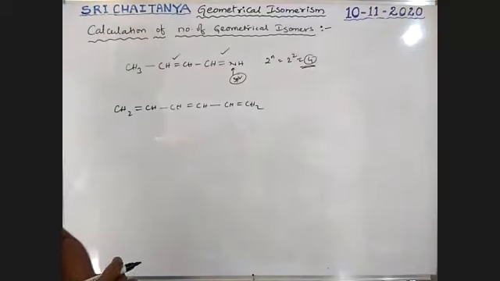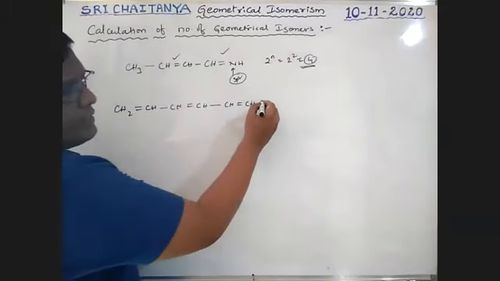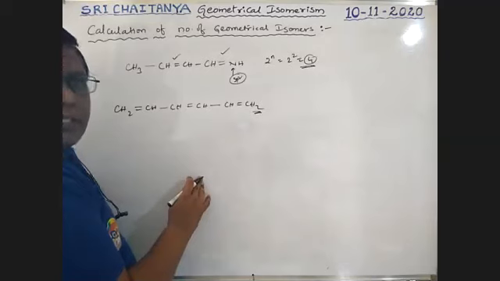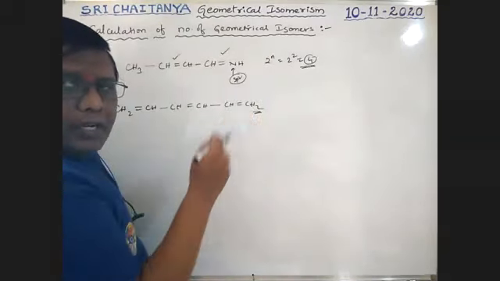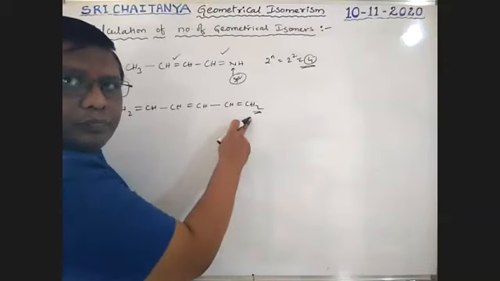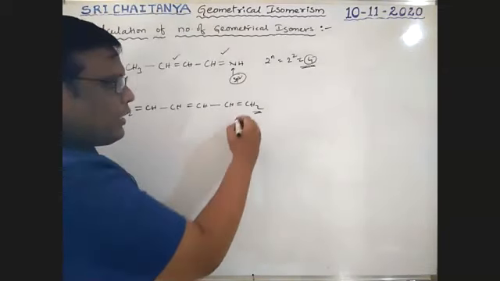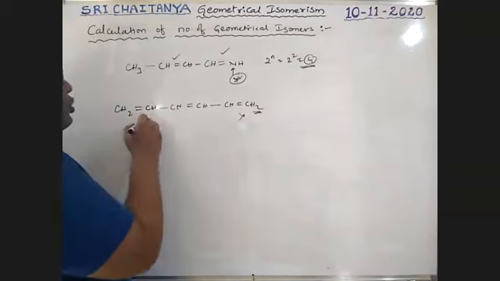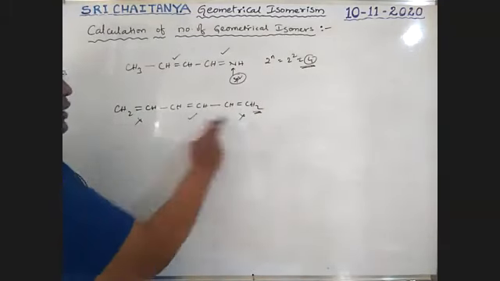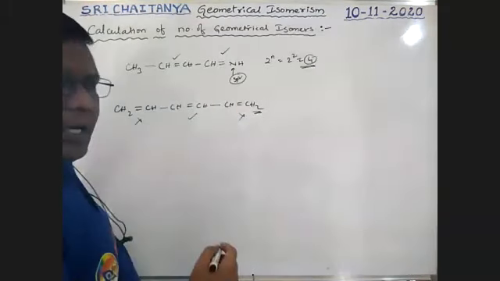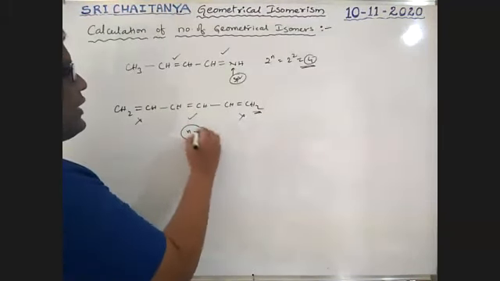Wrong, all of you. See, boys. This is CH2. This is CH2. That means at this C double bond C, no geometrical isomer because these two groups are same. Therefore, no geometrical isomer. That's why don't consider this. Here also don't consider this. Only you should consider this one, because at these two locations, no geometrical isomerism. Therefore, n is equal to 1 in this case.